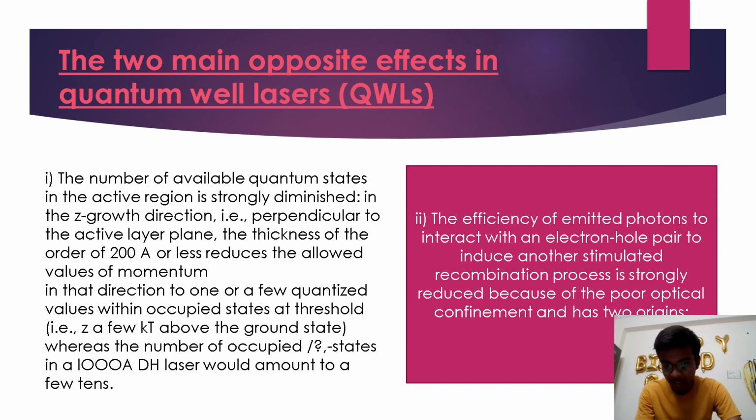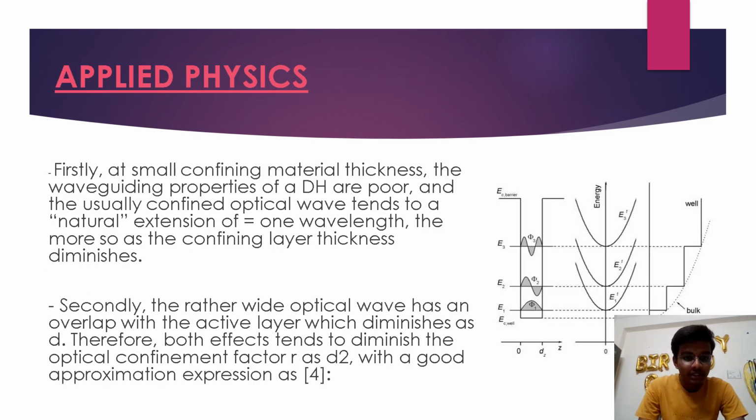Second point, the efficiency of the emitted photons to interact with an electron-hole pair to induce another stimulated recombination process is strongly reduced because of the poor optical confinement, and this has two origins. Firstly, a small confining material thickness. The waveguiding properties of a DH usually confine optical wavelengths to a natural extension of one wavelength, the more so as the confining layer thickness diminishes.